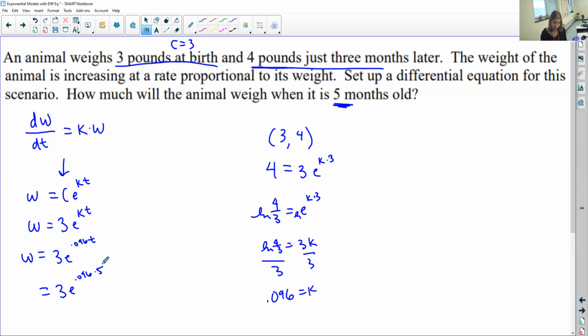And then if at all possible, you should always leave as much stuff in your calculator as you're doing this work, so that it doesn't round at all. Times 3, and it comes out to be 4.845 pounds. You should always give your answer to 3 decimal places.